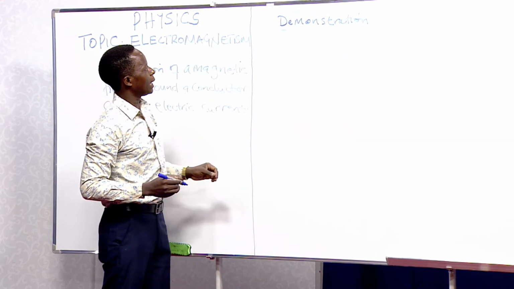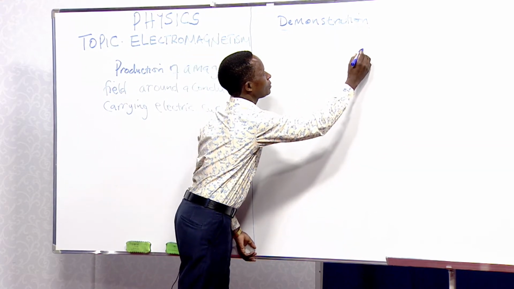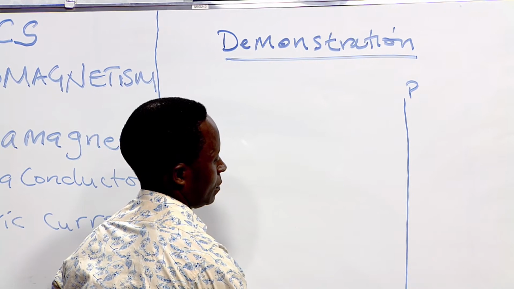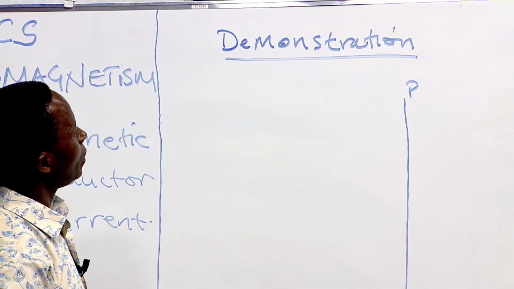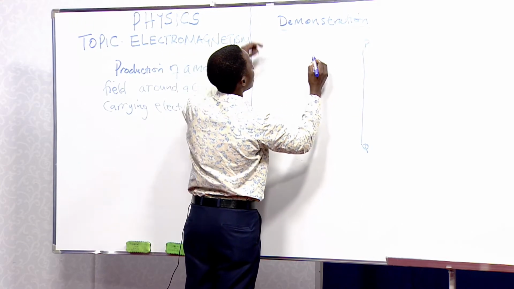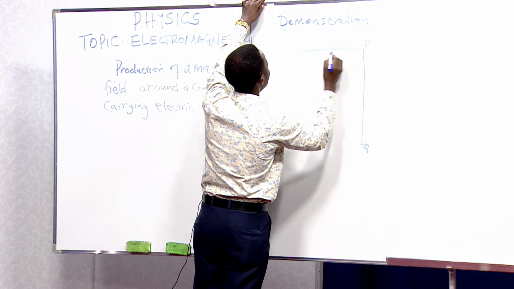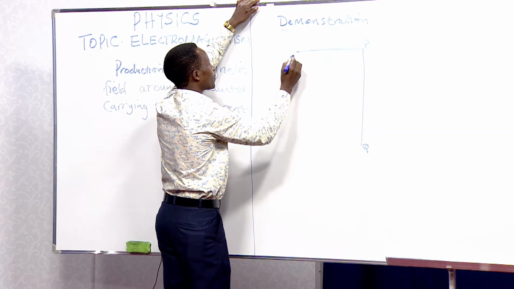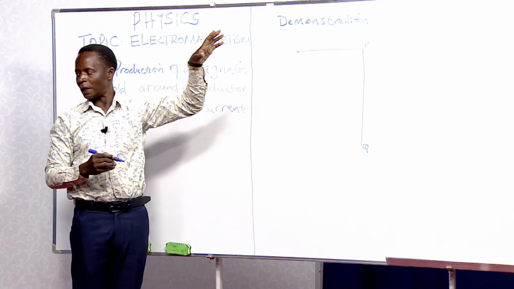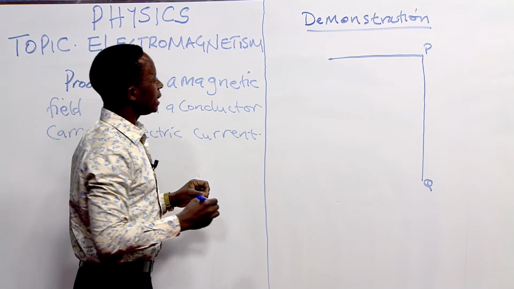For a simple demonstration, we're going to get a wire PQ. This wire PQ we have continued and connected to a battery, since the battery should be the one to produce the current.